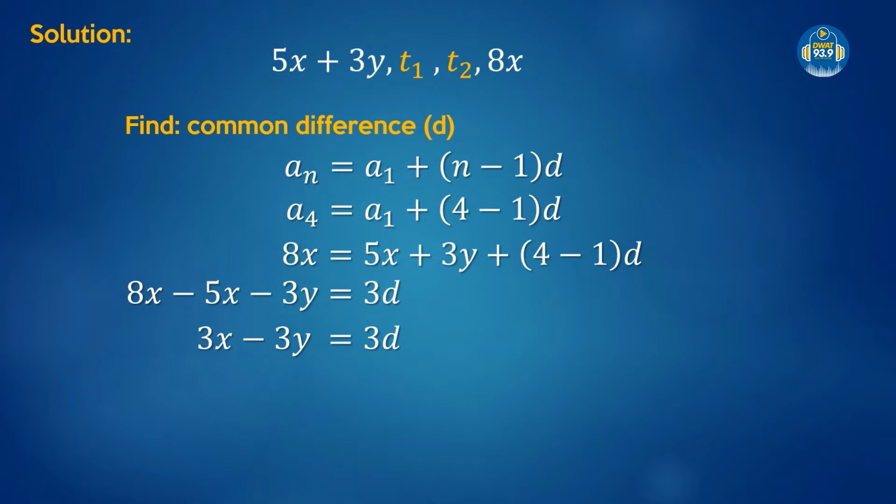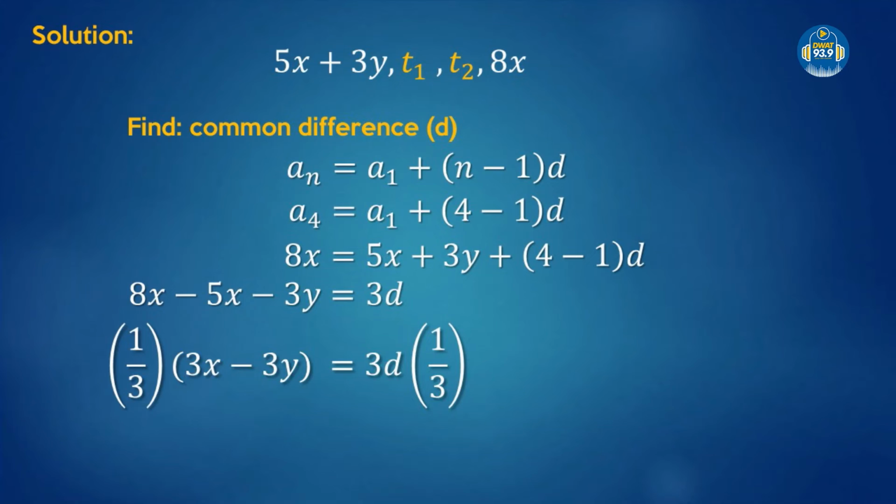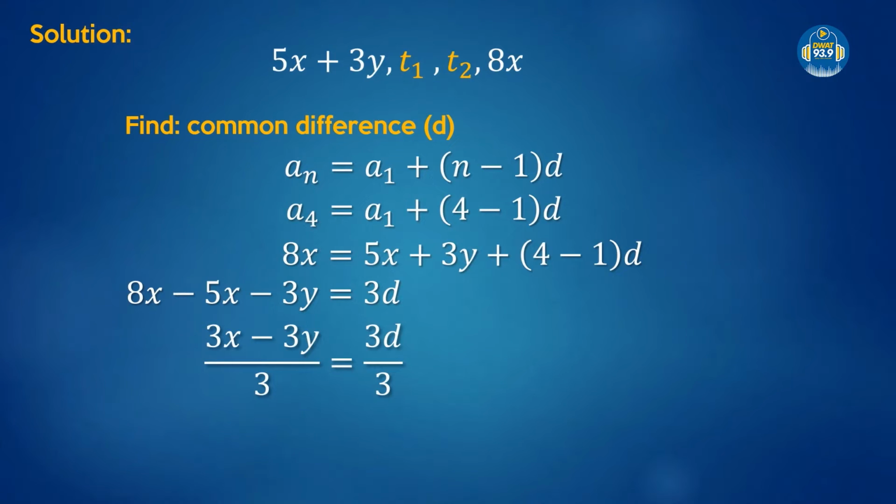Now, multiplying both sides of the equation by 1/3, we have 3x minus 3y all over 3 equals 3d over 3. Simplifying, we have now d, which is equal to x minus y.